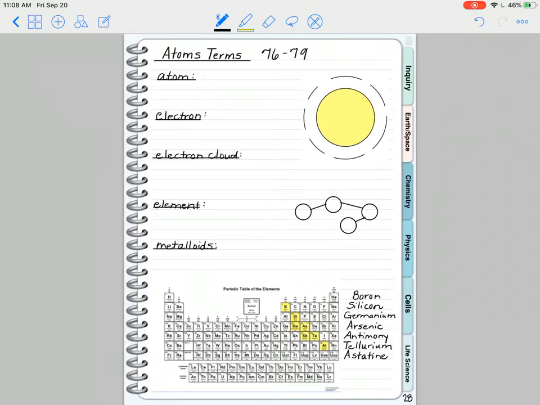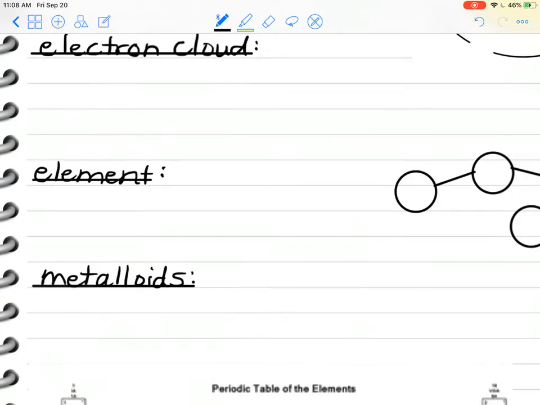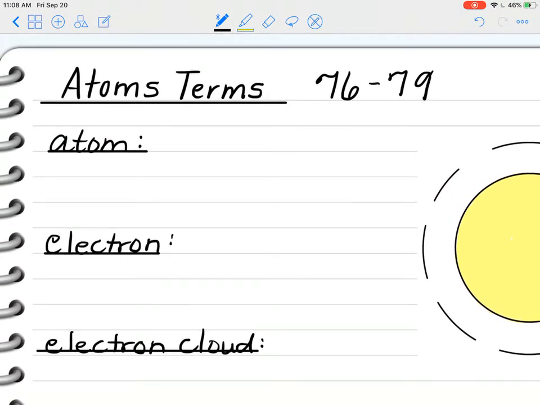Okay, the first term that we need to define is atom. And this is not the man's name. If you have the man's name, that is A-D-A-M. But these sound alike. Atom, Adam. But we are interested in the chemical atom. And the definition here is the smallest particle of matter.